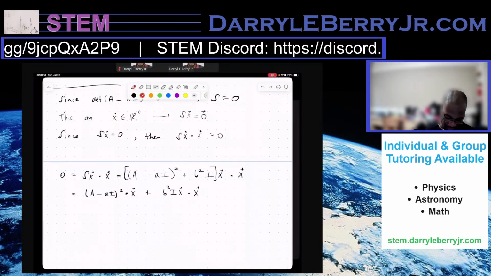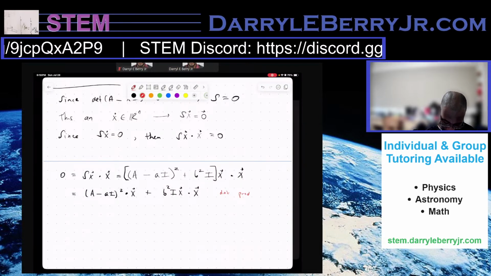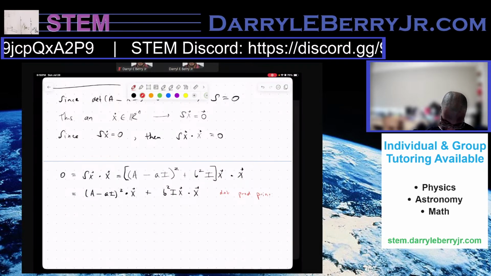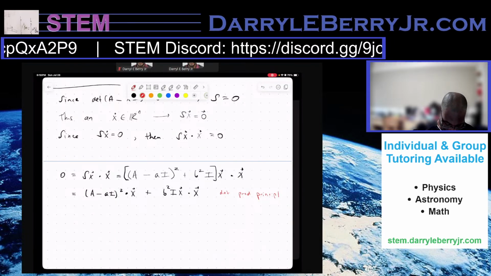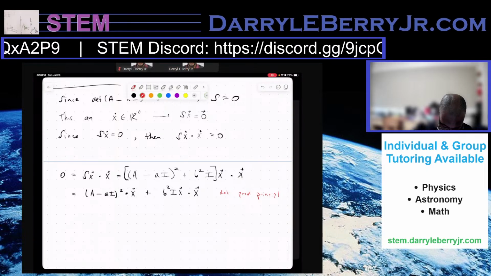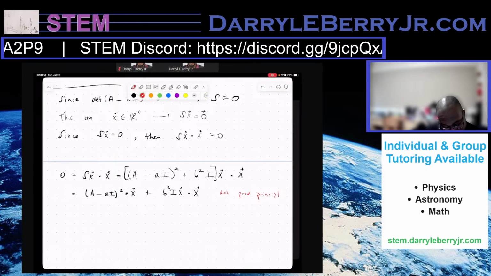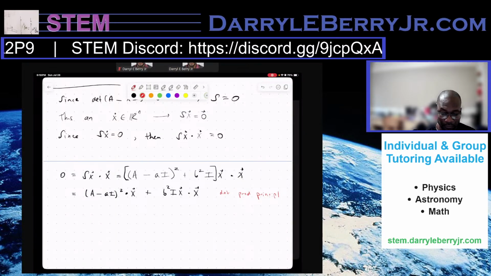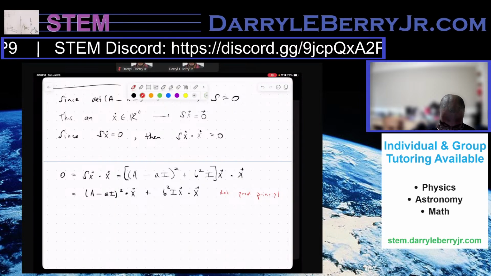Even though this line is from dot product principles, the thing is, they say using symmetry.